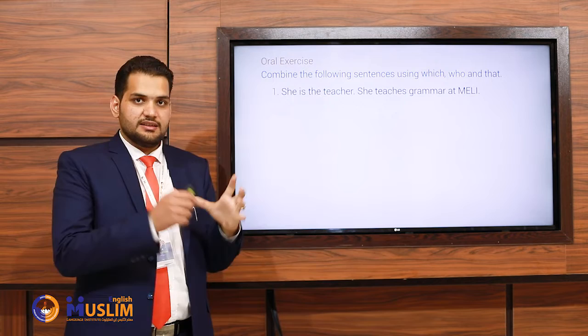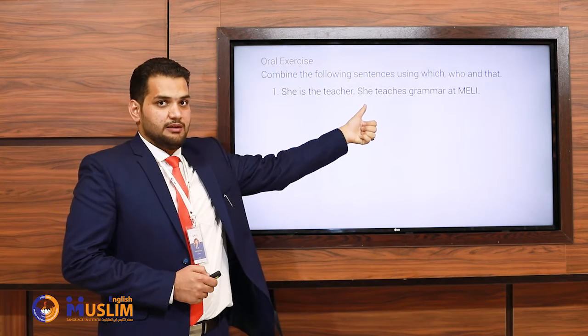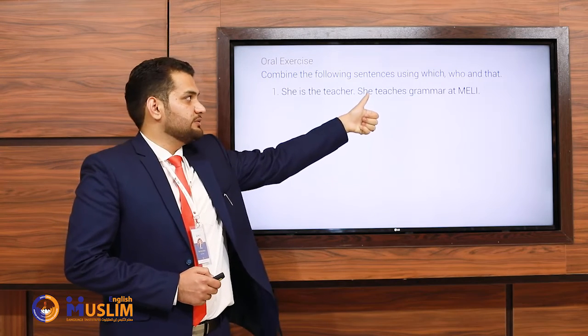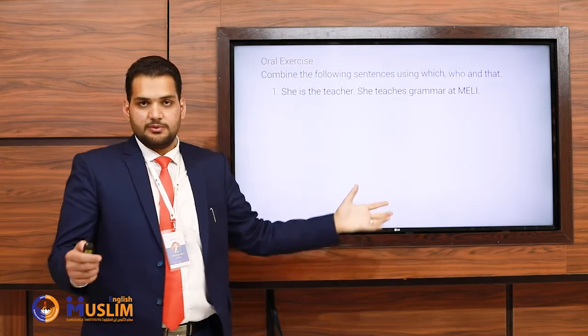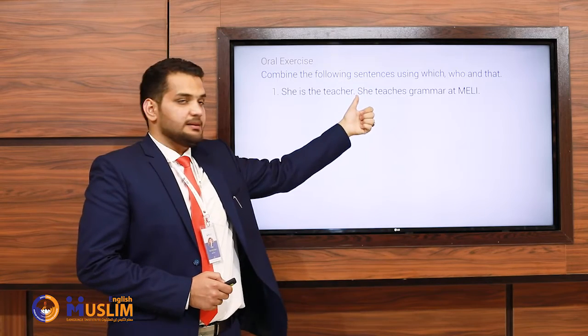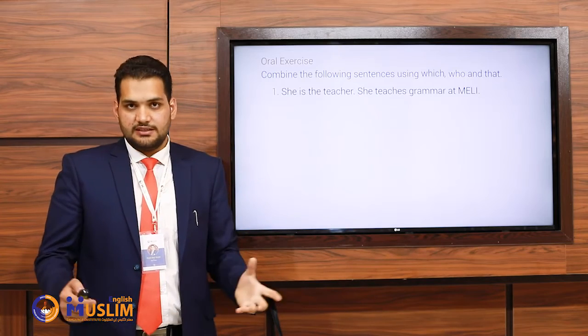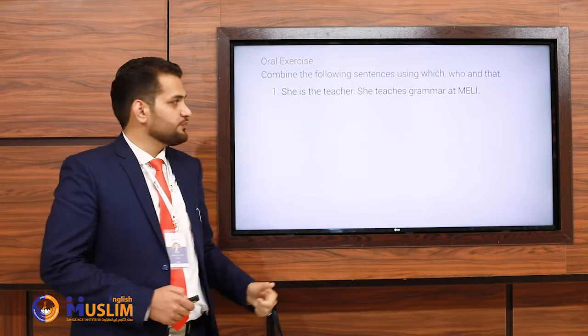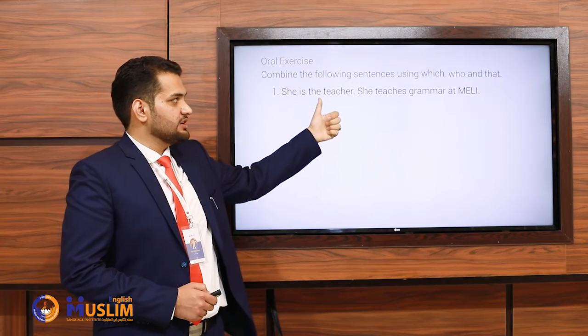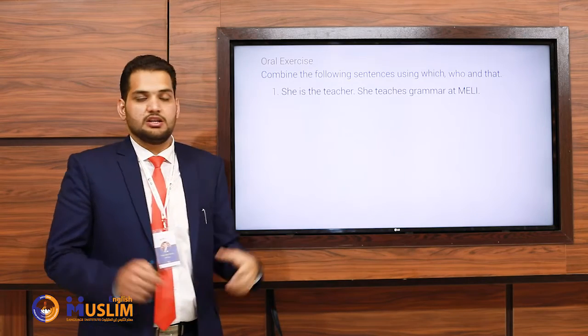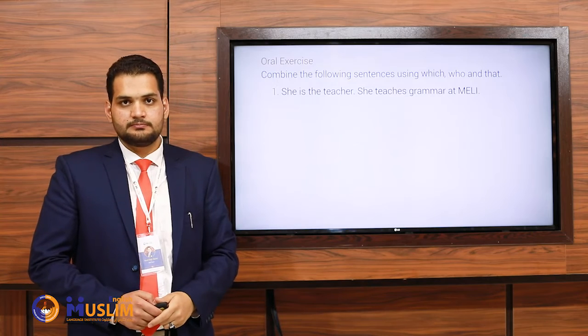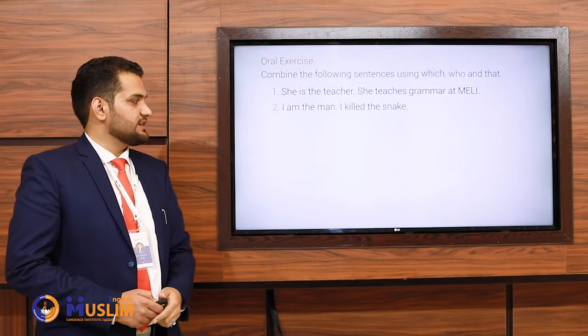And to make an adjective clause out of this sentence, you have to remove this she and use a relative pronoun. Since she is the subject, you have to use a relative pronoun that is used in subjective case, and that is who. So you can say she's the teacher who teaches grammar at Melly. Good luck with the rest of them.